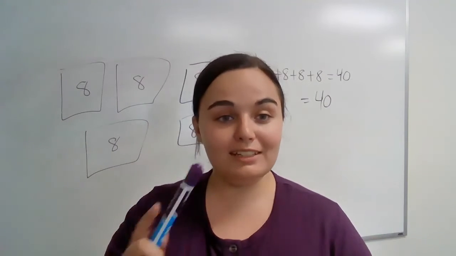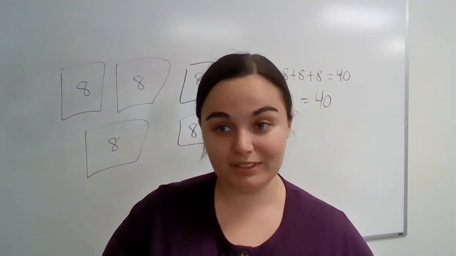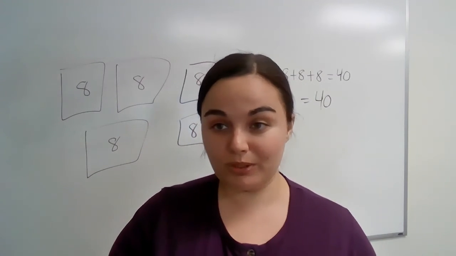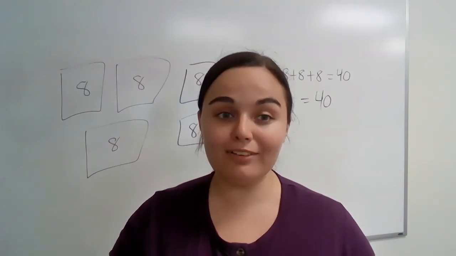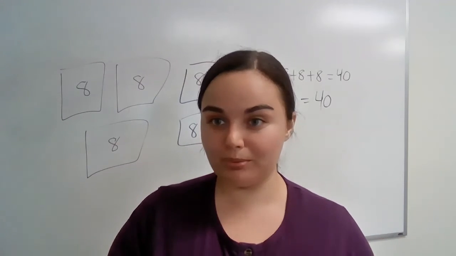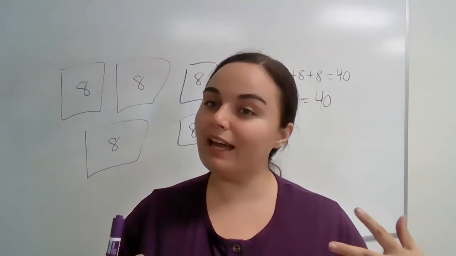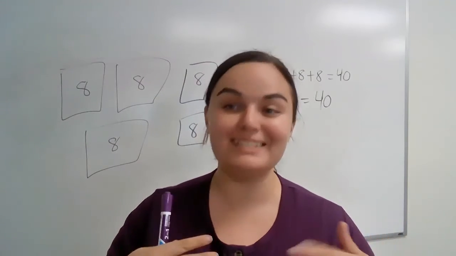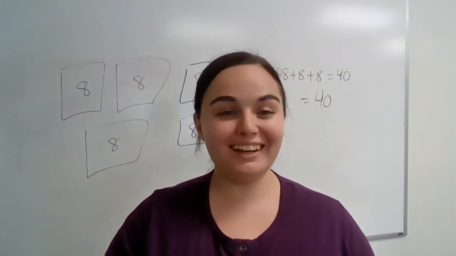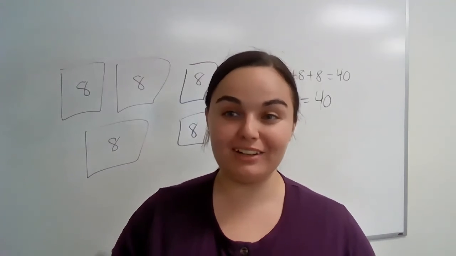If you did 3 plus 4 plus 7, yeah, it equals 14, but you don't have an equal 7 in each group. You would have 3 here, 4 there, and 7 over there. That adds up, but it doesn't multiply up. You cannot turn that into a multiplication problem because they are not equal groups.